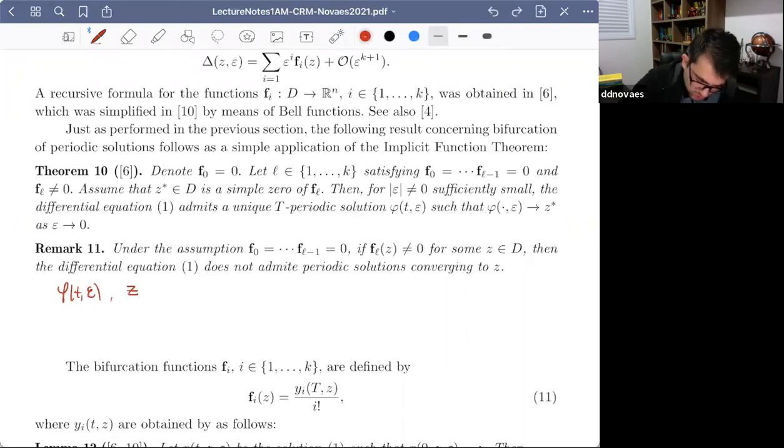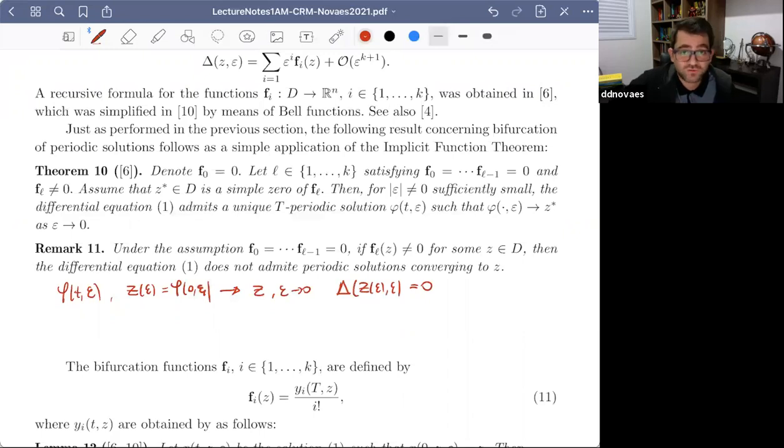The initial condition, which depends of epsilon, is equal to 0 epsilon. And suppose that it converges to z when epsilon goes to 0. We know that the displacement function applied in this initial condition is identically 0 because it's the initial condition of a periodic solution for every epsilon.